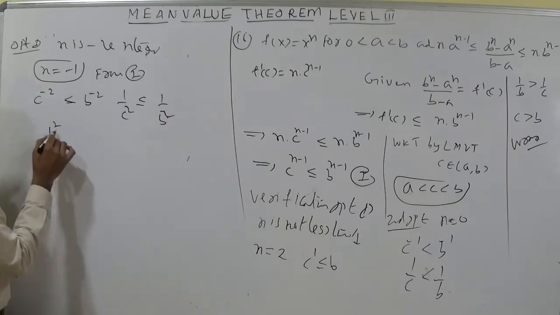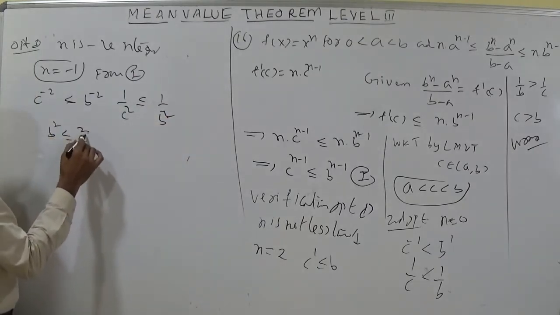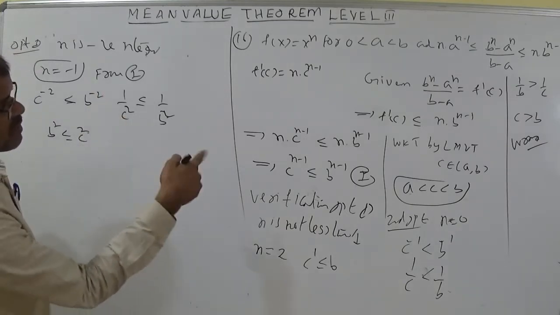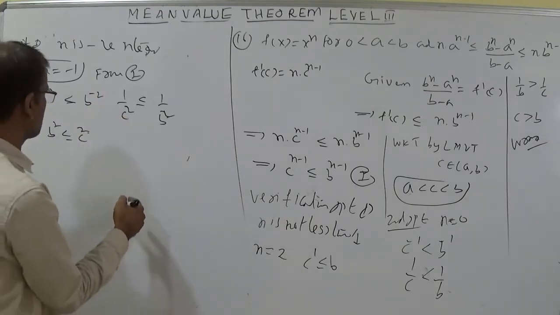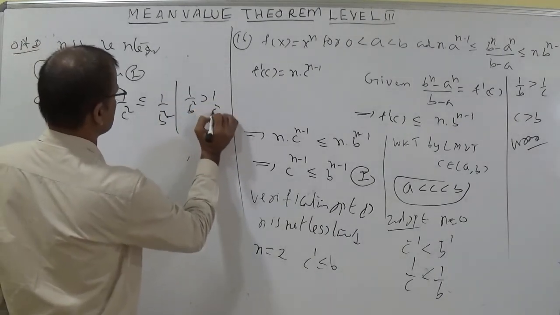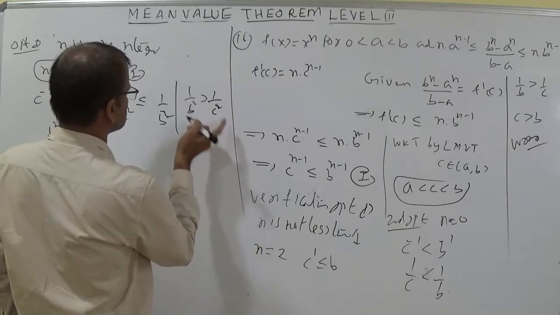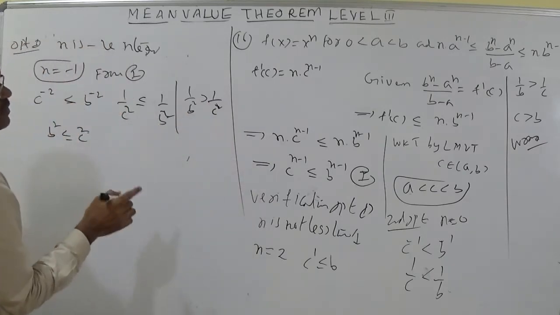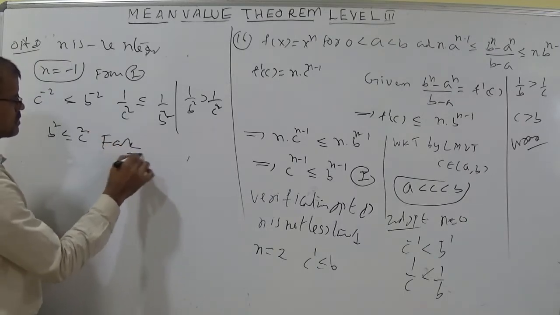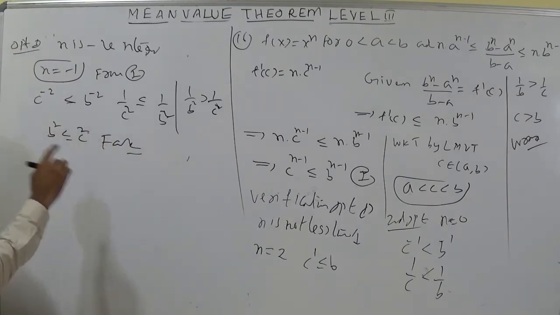In the same way we get B square less than or equal to C square. 1 by B square greater than 1 by C square, so C square greater than or equal to B square. Okay, wrong. This is also false. So the third option is false.